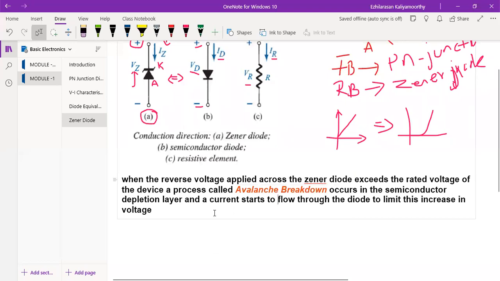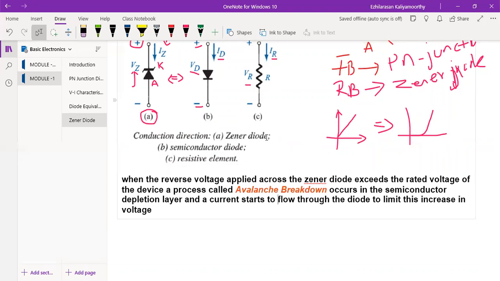When the reverse voltage applied across the Zener diode exceeds the rated voltage. Rated voltage in the sense, normally for every diode you will have the data sheet. In the data sheet, they will give how much maximum voltage you can apply, from 5 millivolt to 200 volt.